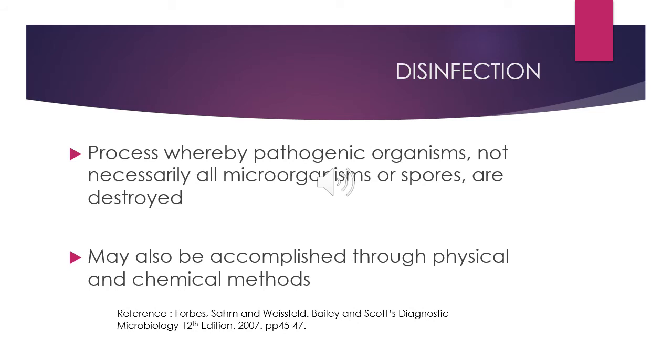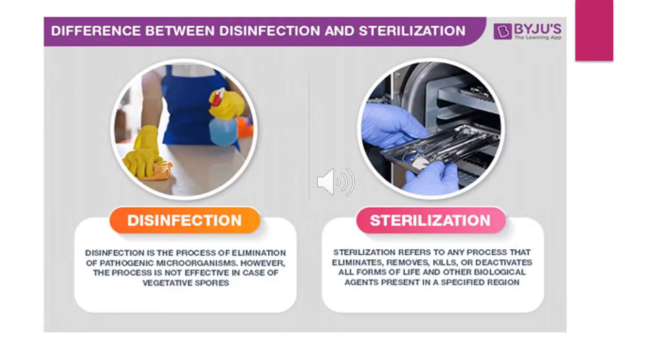Disinfection, on the other hand, is the process whereby pathogenic organisms, not necessarily including spores, are destroyed. Disinfection may also be accomplished through physical and chemical methods. So again, disinfection is the process of elimination of organisms, however, it does not eradicate all vegetative spores.